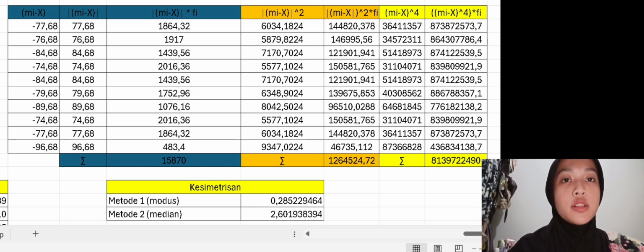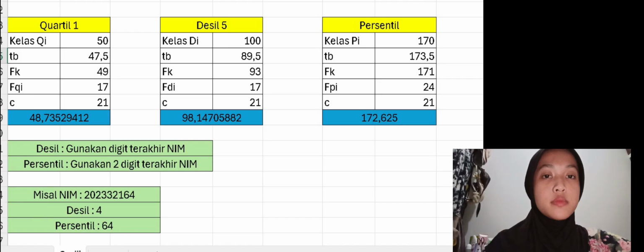This table also includes calculations of the absolute difference, the squared difference, and the fourth-power difference, which are used to determine data distribution and the bigness of the distribution.